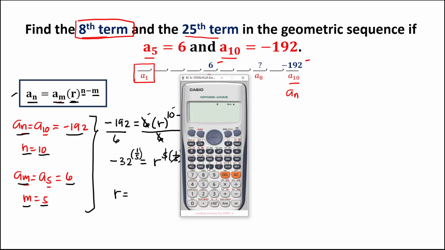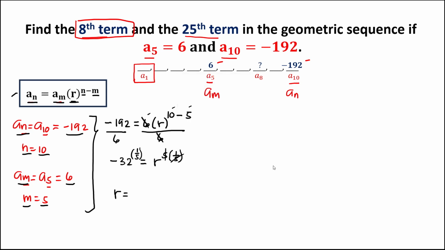That is equal to negative 2. So the common ratio is negative 2.